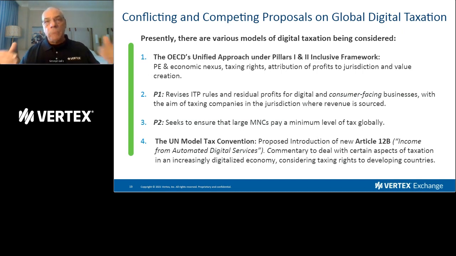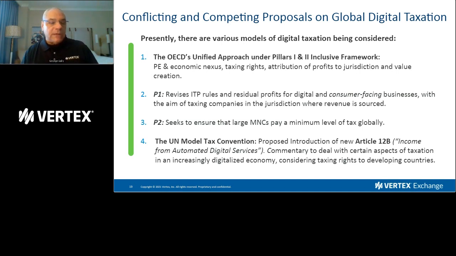At the same moment, you have the UN Model Tax Convention that also tries to uniform, under Article 12B, automated services and digital taxation. Now, the UN model does not necessarily compete with the OECD. They are, by and large, complementary. It follows the OECD convention.